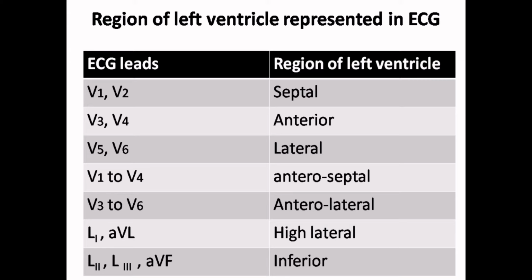V3 to V6 represent the anterolateral portion. Lead 1 and AVL represent the high lateral portion. Lead 1, lead 3 and AVF represent the inferior portion. So in the diagnosis of MI and some other cardiac problems, we use these leads according to the region of the heart affected.